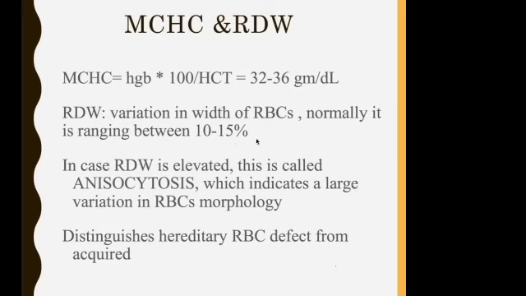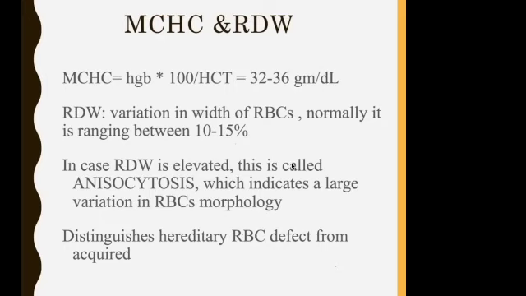The smallest one is 100 and the largest one is 115, so the range is 15%. That's the normal range. If the smallest one is 80 and the largest one is 120, we have a 40 difference, a range higher than 30%. That means something is wrong with the RDW, okay?